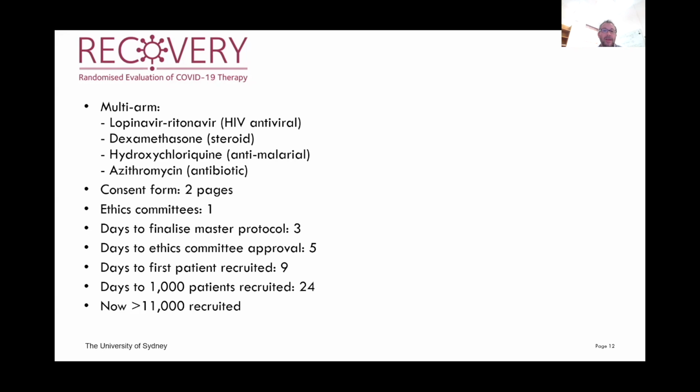These are treatments which are being repurposed, so they're already licensed for use for other indications. It's been postulated that they might have effectiveness for COVID-19. They're relatively safe and well tolerated, and so they have entered into this large platform trial.